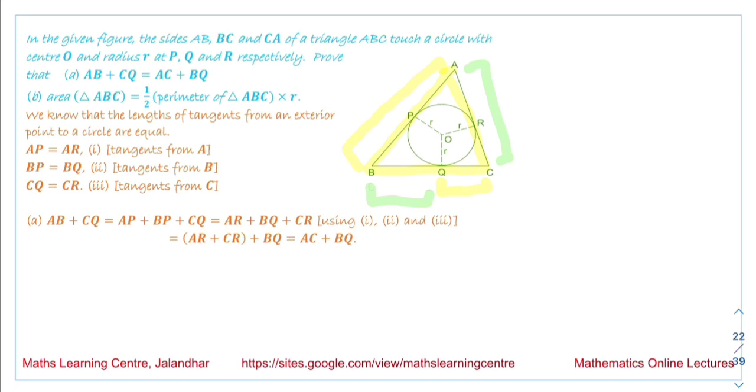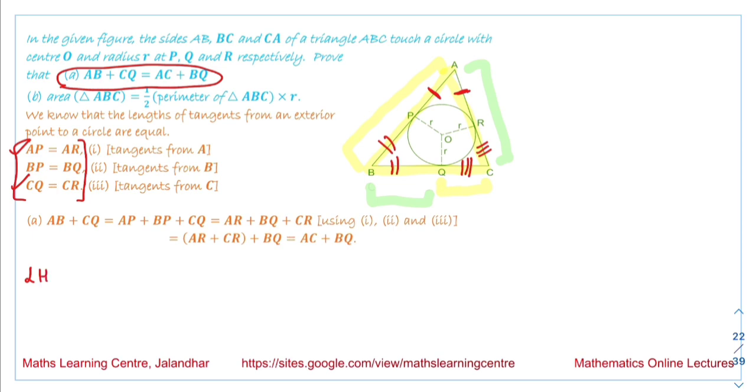For this triangle, if A is the external point, then AP and AR are equal, PB and BQ are equal, and QC and RC are equal to each other. These are the three results we are talking about. Now if we start solving, we consider the LHS.